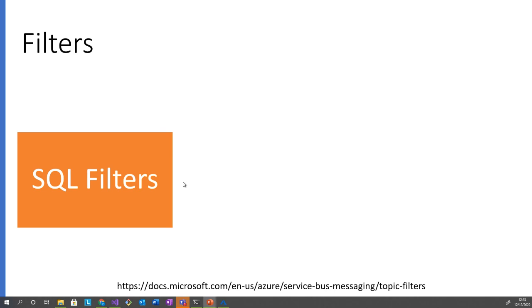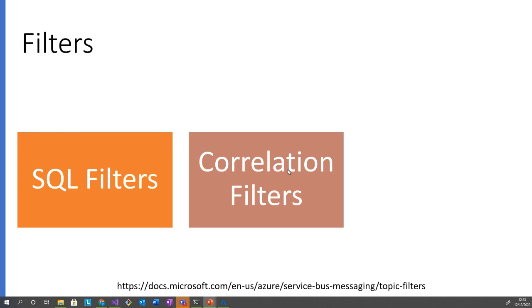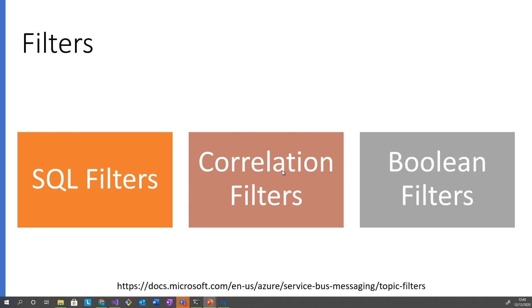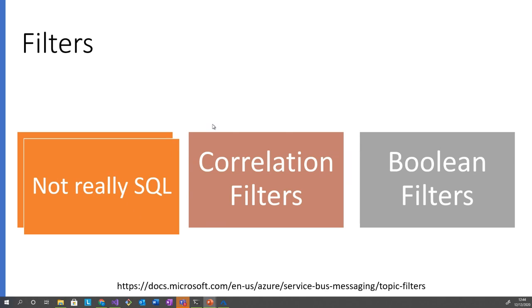There are 3 types of filters. We've got SQL filters, correlation filters, and Boolean filters. They're quite interesting filters, not least because of the names. SQL filters aren't really SQL. They're SQL-like, but they're not what you think.